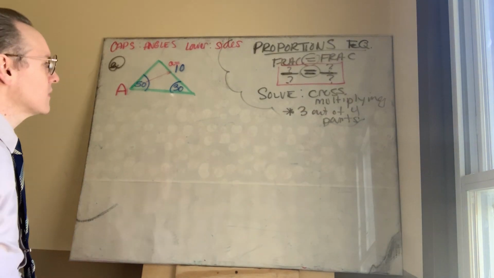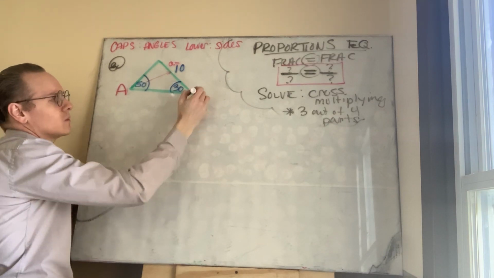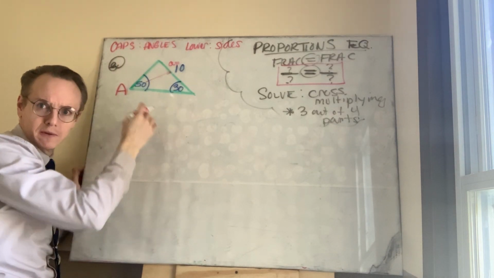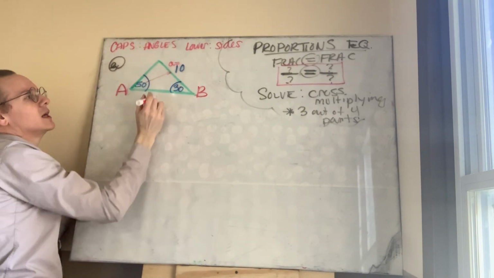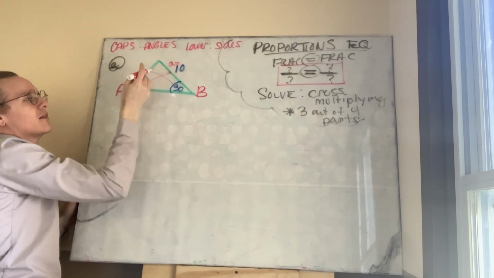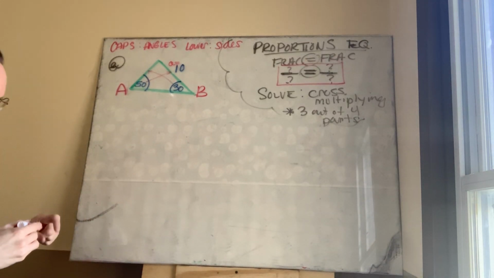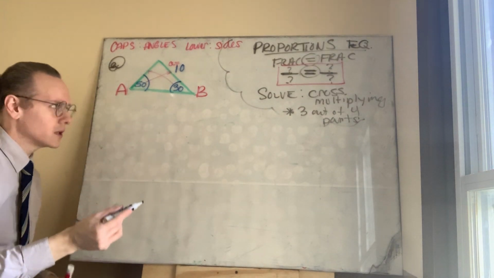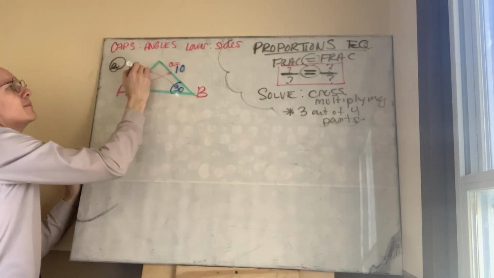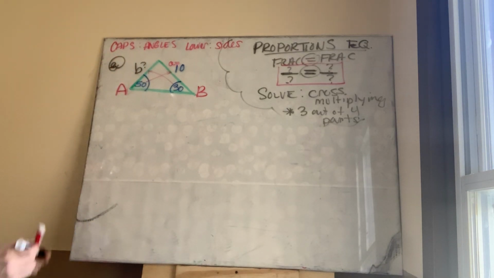Then we have an angle here, which again I'll just stick with the logic of A, B, C, alphabetical order. Capital B, and then opposite of that there is no dimension. So what I would do is, and I'll put it in black, label it b, but I don't know what it really is yet.